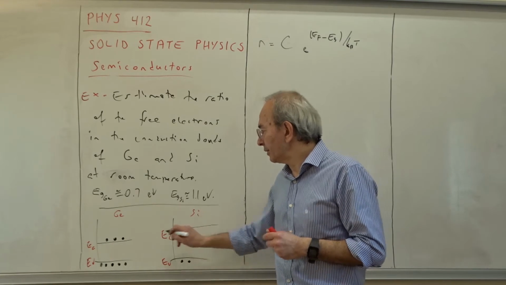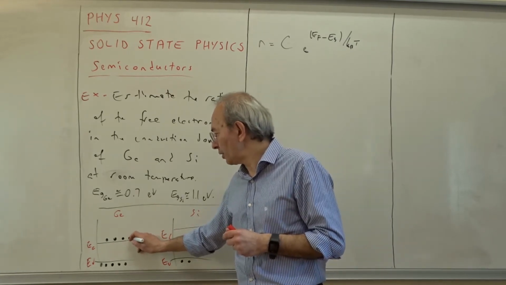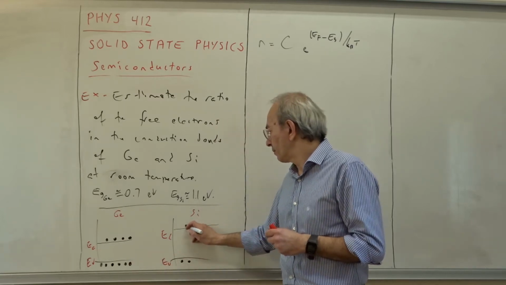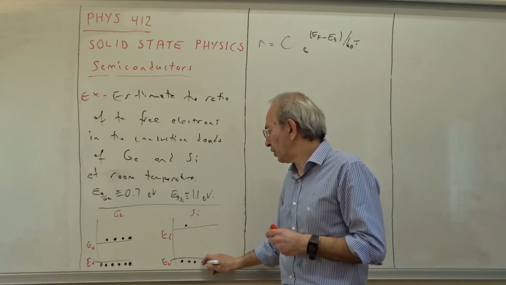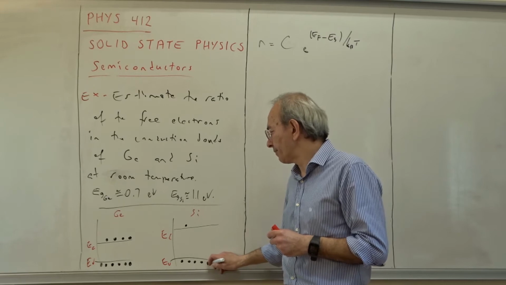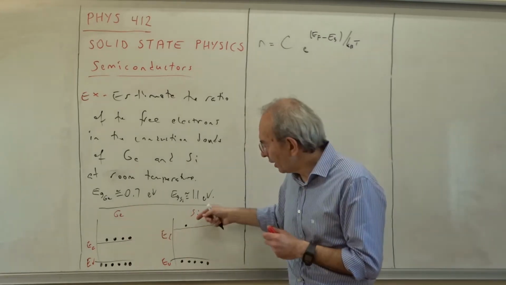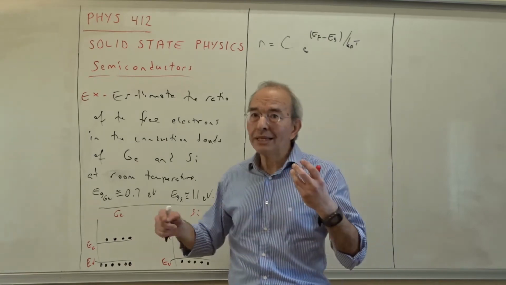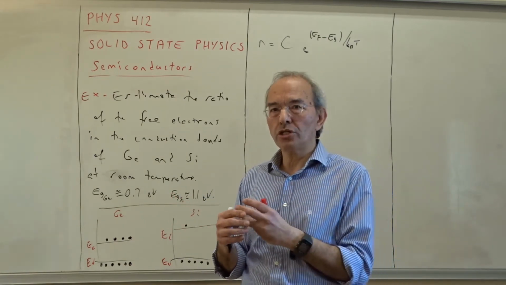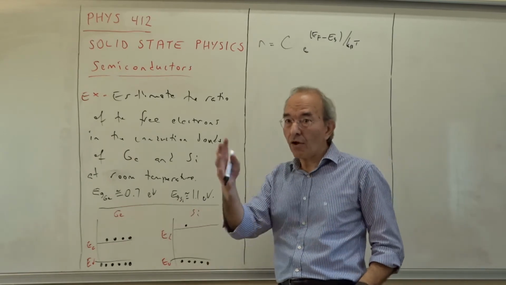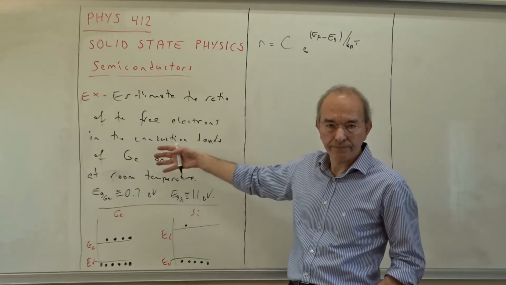However, for silicon, let me show the number, not the same. Because silicon has a larger band gap with respect to germanium, that concentration is expected to be less than that in germanium. But how much less? We will see the ratio. Alright.